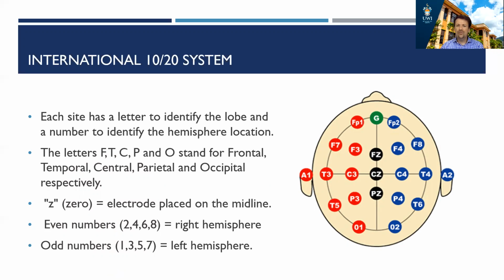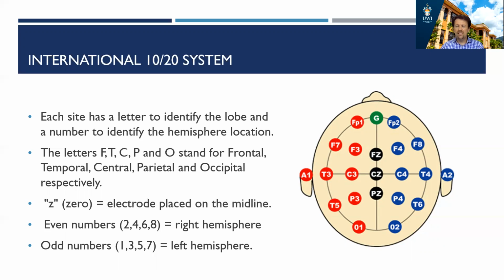Now, these electrodes have a particular nomenclature, which allows us to understand what's going on, and we get a signal from each electrode. You can see that A1 and A2 are connected to the earlobe, and they represent the ground electrodes. You can also see in this diagram that the electrodes on the left are labeled with an odd number, while those on the right are labeled with an even number.